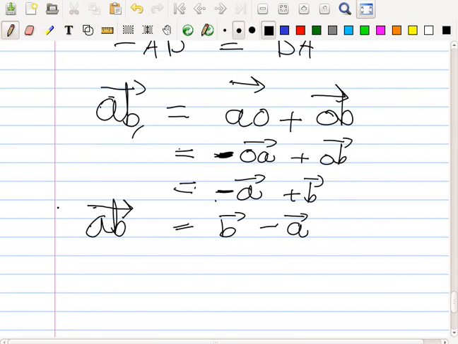AB equals B minus A. Okay, and that actually, although looking very simple, is actually very useful. So this is an important rule. Make sure you put a box around this. Very simple, very useful, very important.